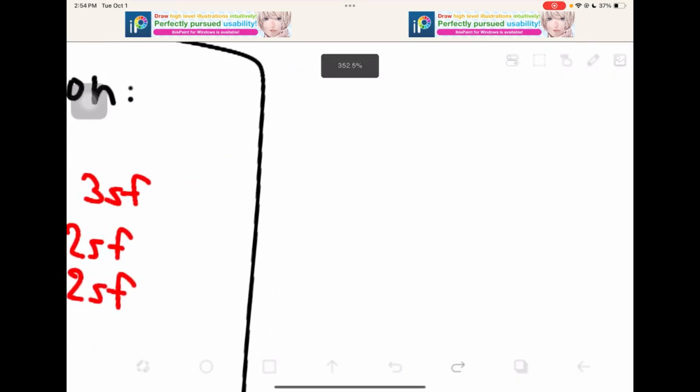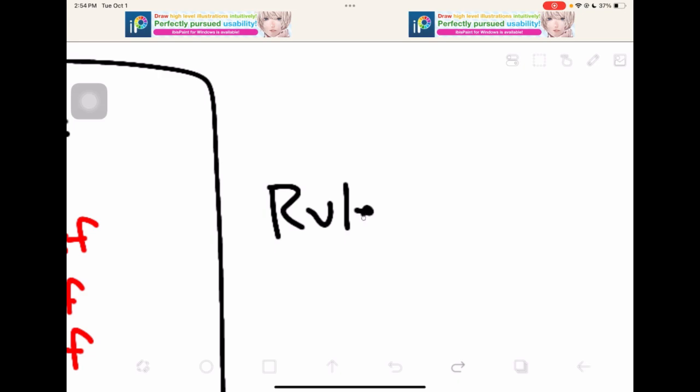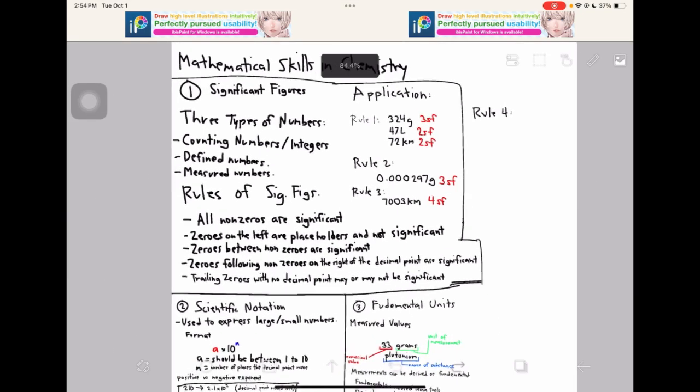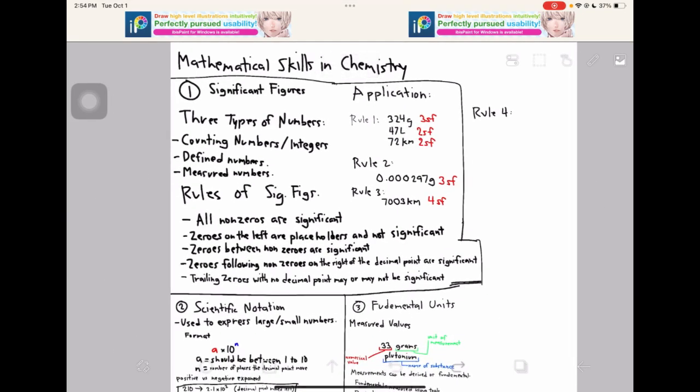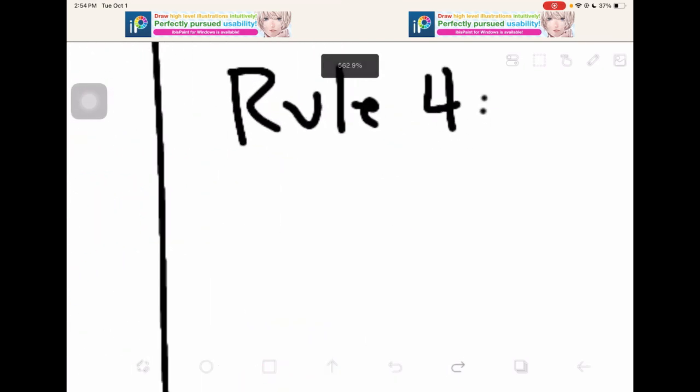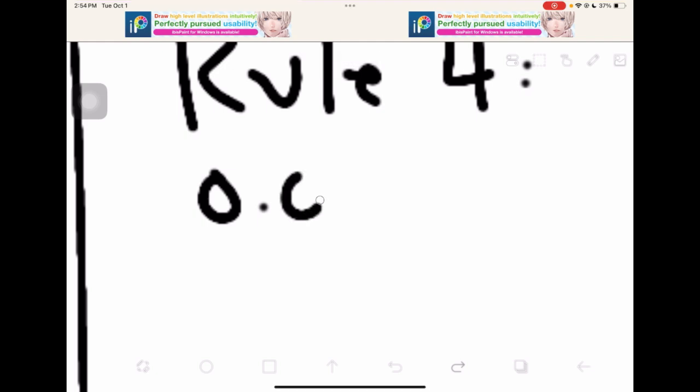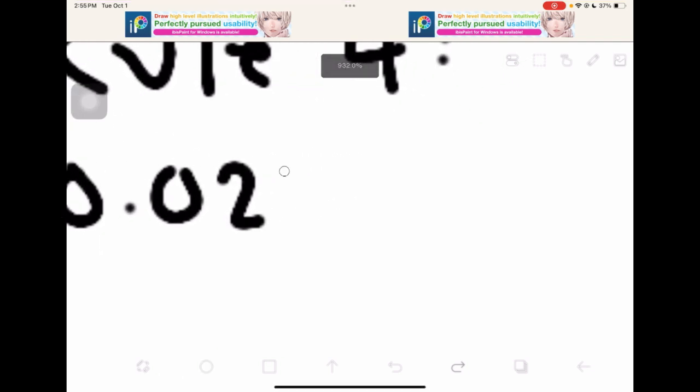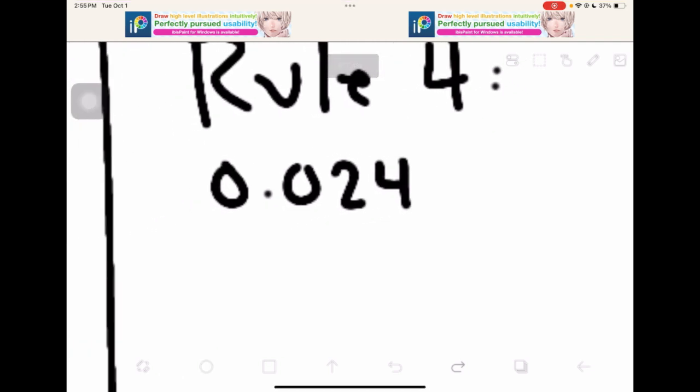Anyway, rule 4. Rule 4 states that zeros following non-zero digits on the right of the decimal point are significant. So we have 0.024. This has 2 significant figures because of another rule, that's rule 2.